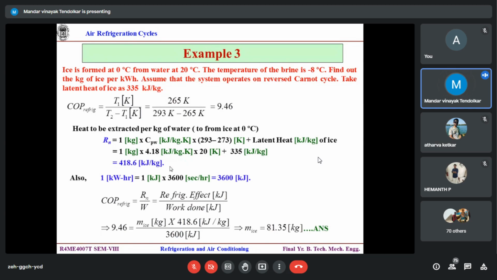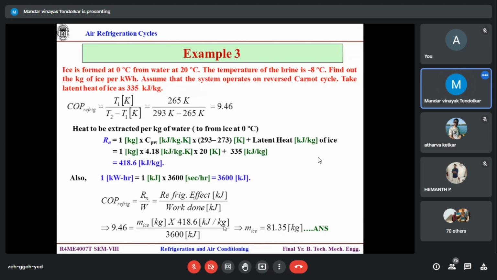So m dot of ice into Cp. Cp in the sense of total, latent plus sensible, everything combined. Let us say delta H, not Cp. Delta H divided by the total one. This is kg, this is kJ per kg, so that will give you kg.